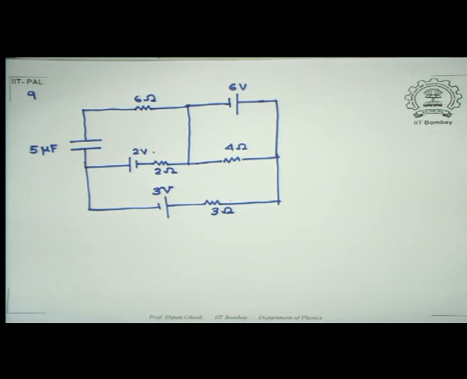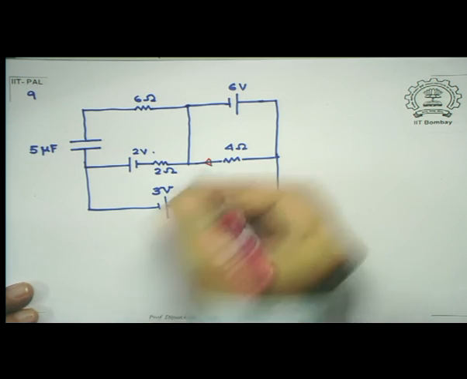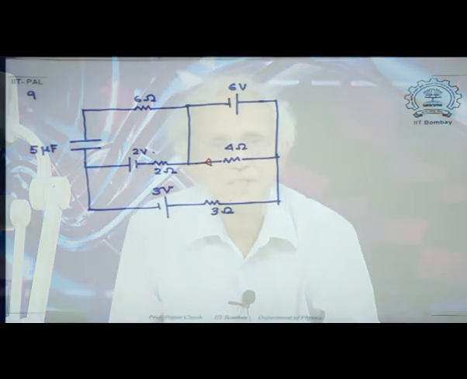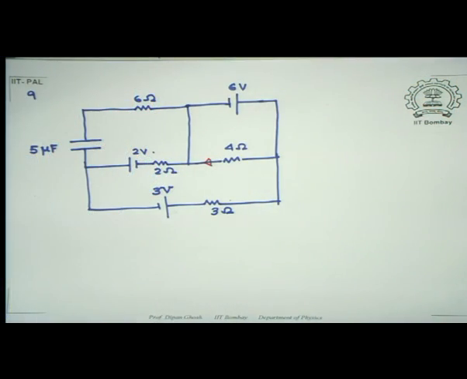Okay, so this is the thing. So what we want to know is how much is the current which is passing through, let us say this one. Let's give some names. The first thing that you should understand regarding direct currents that is passing through a capacitor part.